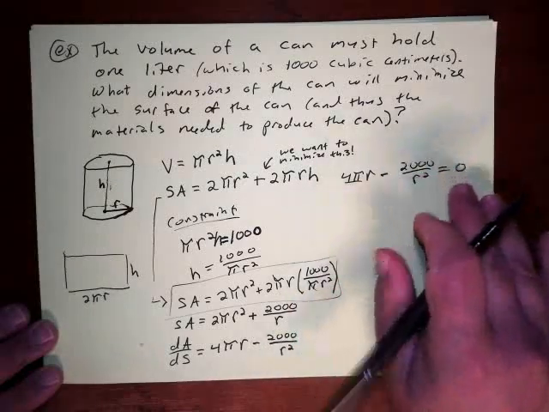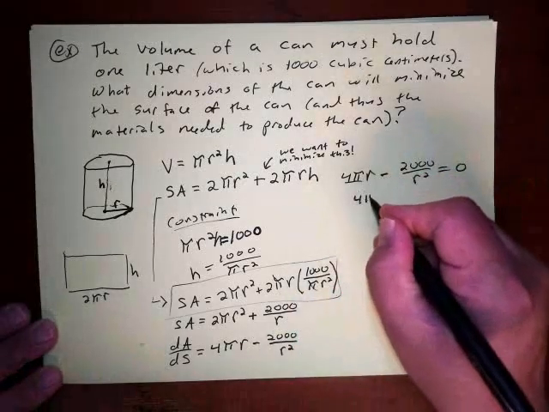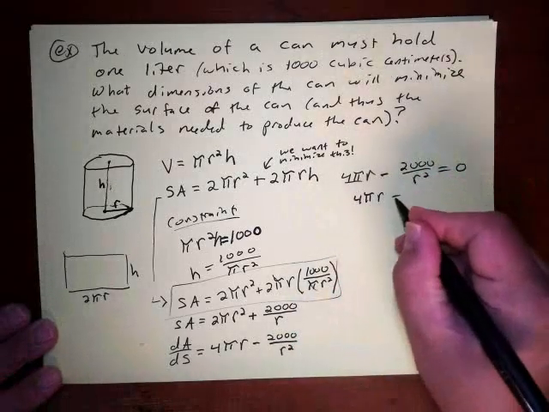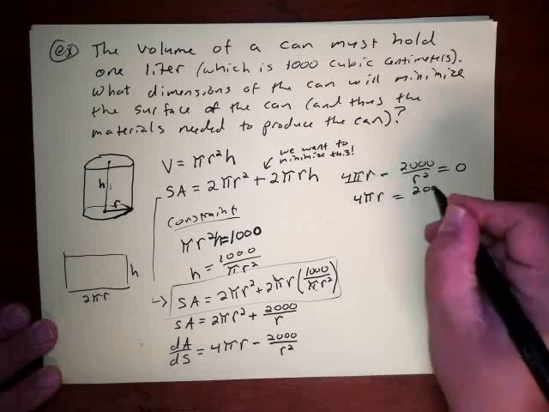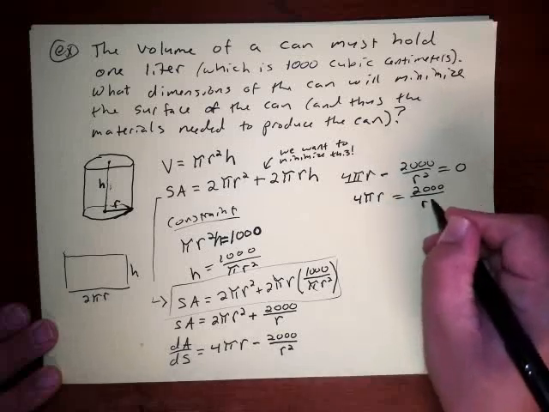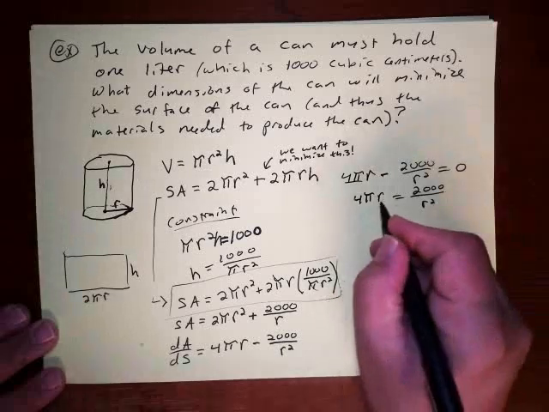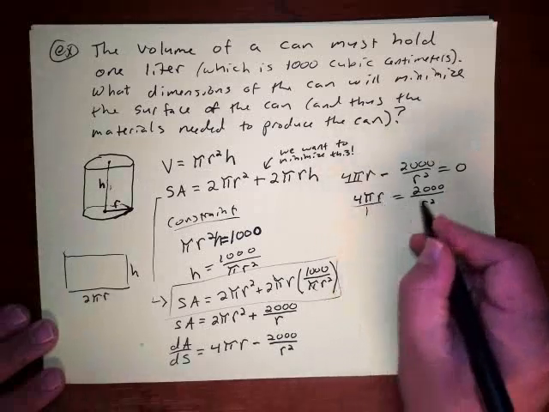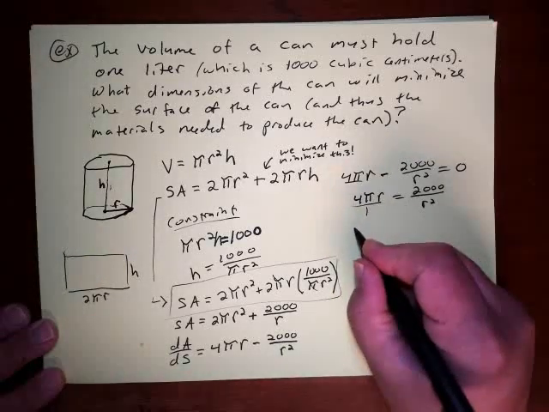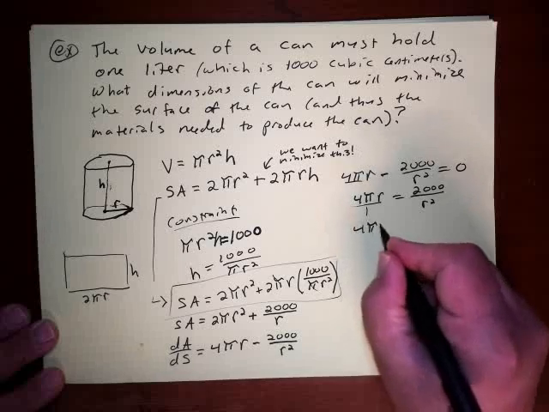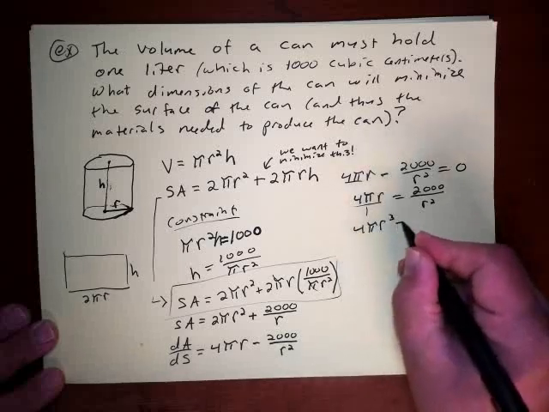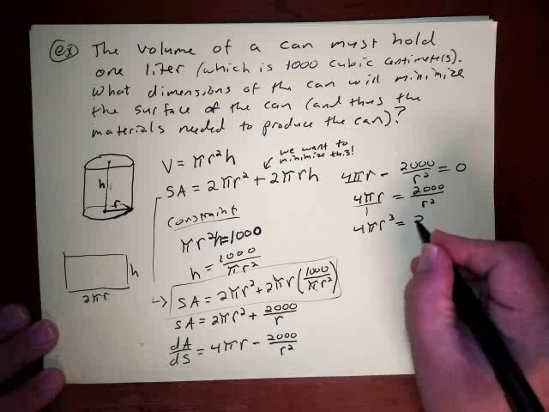Okay, and maybe I can move that to the other side, so I get 4 pi r is equal to 2,000 over r squared. And then maybe if I put this over 1, I could cross multiply, and I get 4 pi r cubed is equal to 2,000.